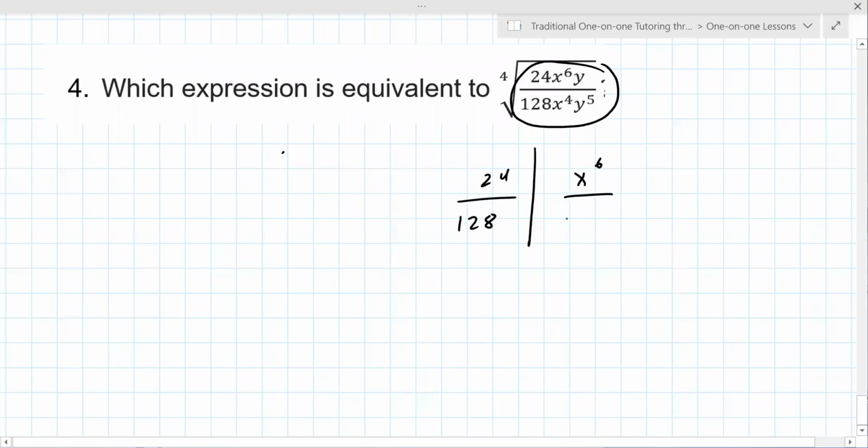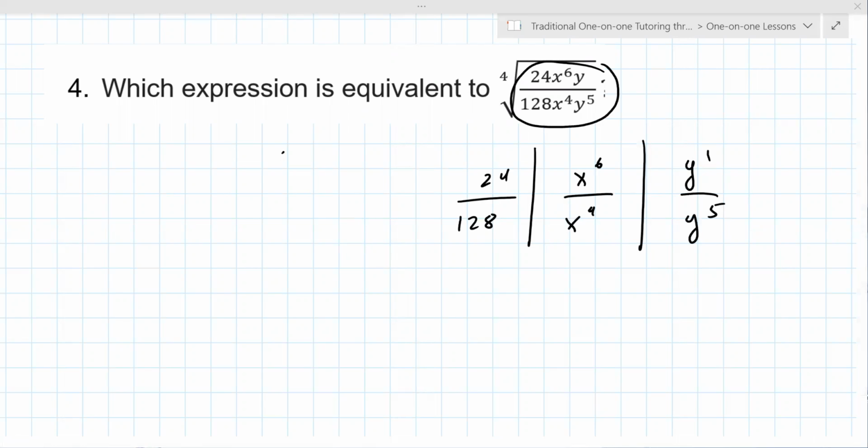X to the 6 over x to the 4th, y to the 1st over y to the 5th. The first one there, 4 divided by 128, I've got my fancy calculator, it's 4 over 23.